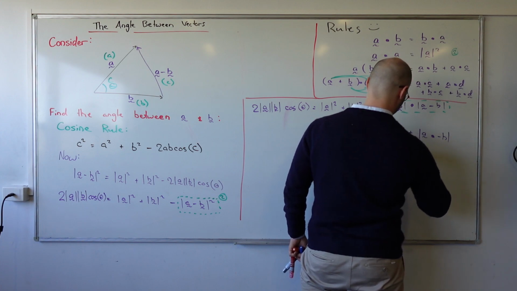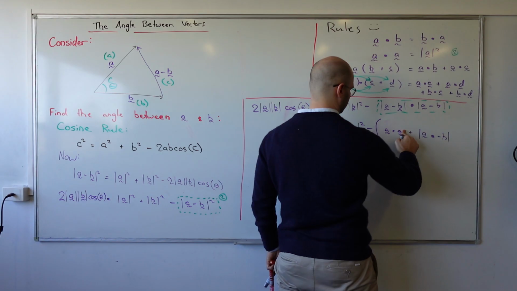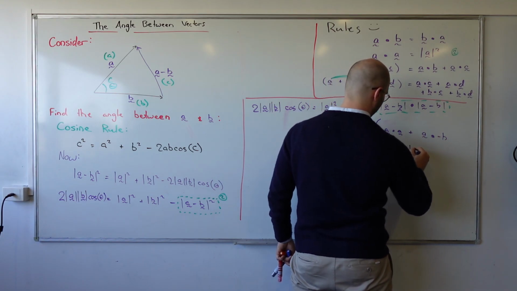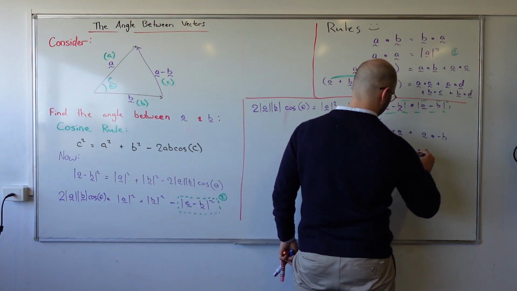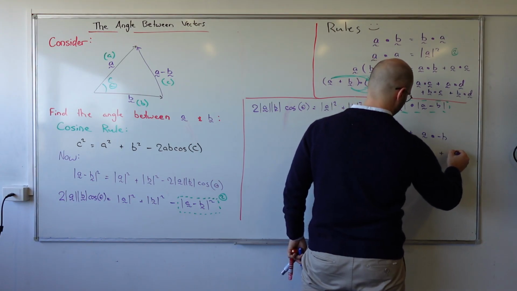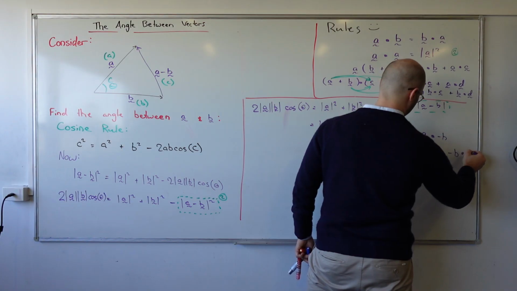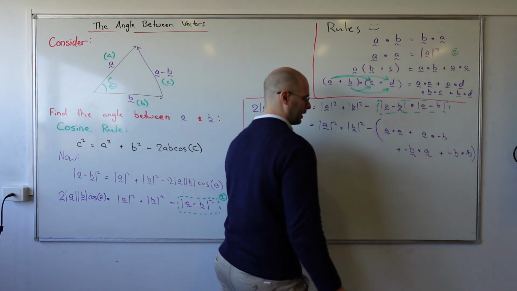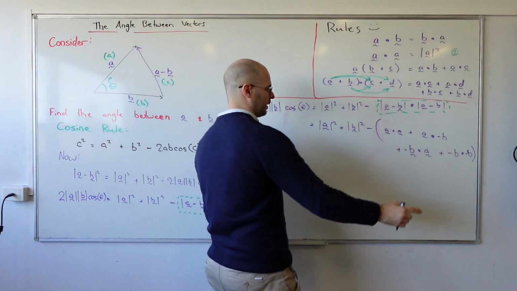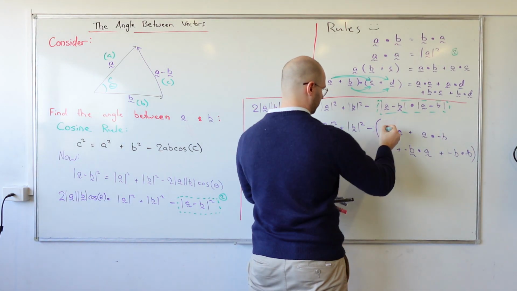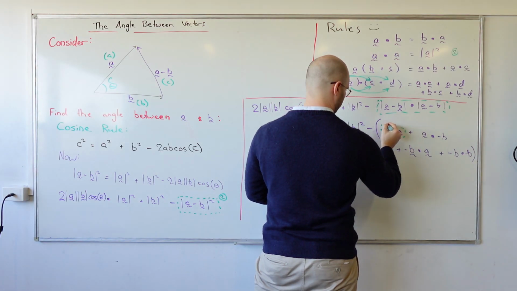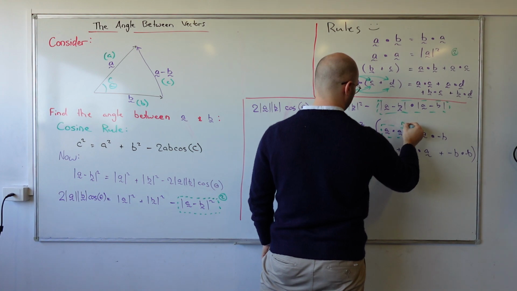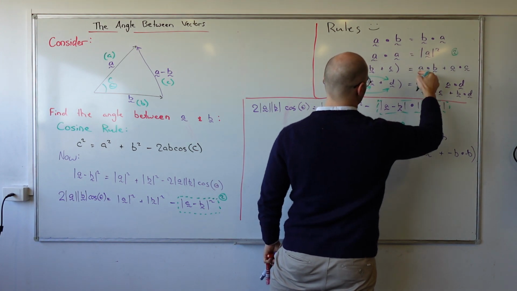Then, in fact, we'll get rid of these because we don't need them, we're going to get negative b dot a. And then we're going to get negative b dot negative b. We okay with that so far? Next rule, these are going to be caught up in rule number 2. This was rule 1, 2, 3, 4.